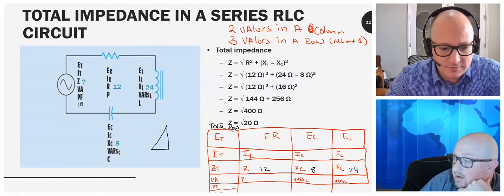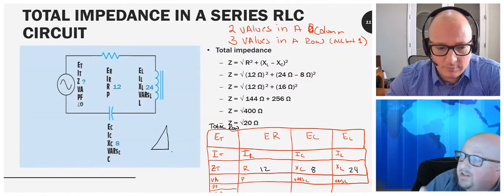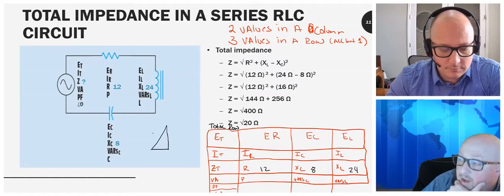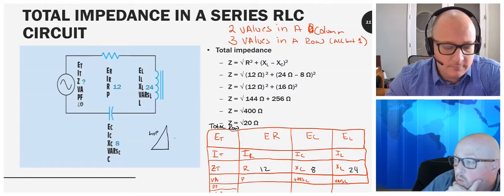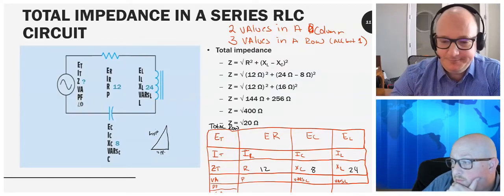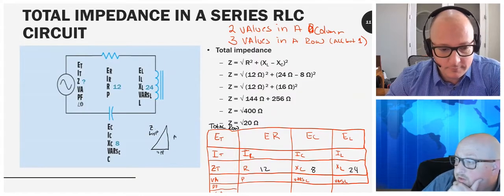What's the saying, a squared, b squared, c squared? How does this work according to the last slide? If I have my hypotenuse here, what's my hypotenuse? Impedance, my total impedance. Okay, so what's my adjacent?